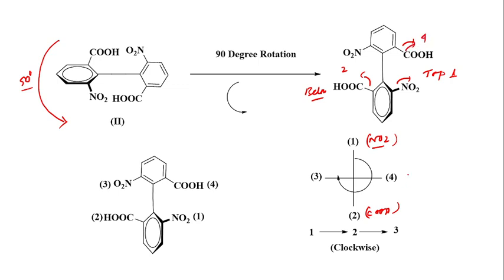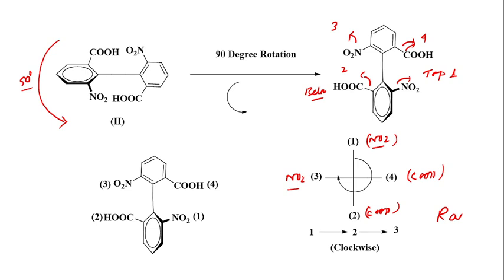So this is on the right, again acid, and this is nitro, on the left, 3. So 1, 2, 3. This is clockwise. This is called R, and A for the description, that is axial. So we find that this is also R in nature.